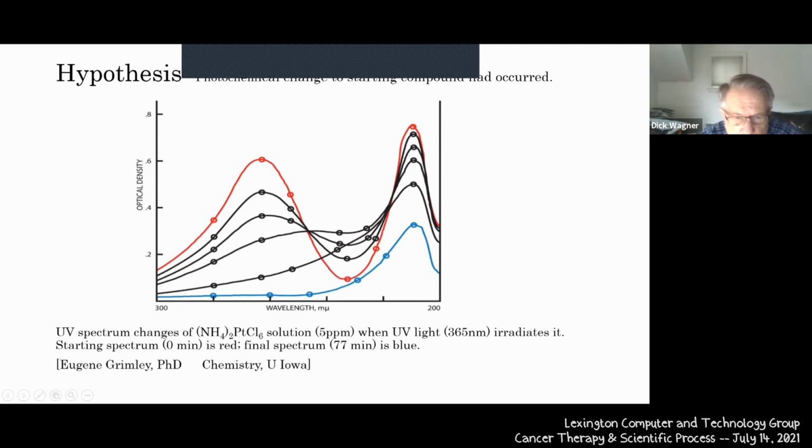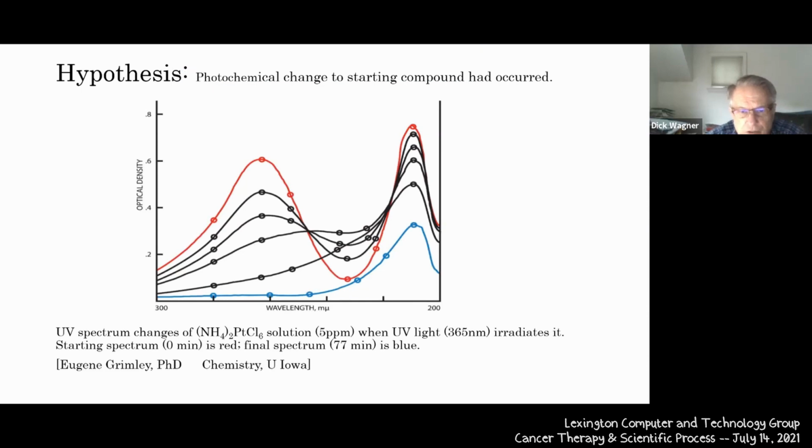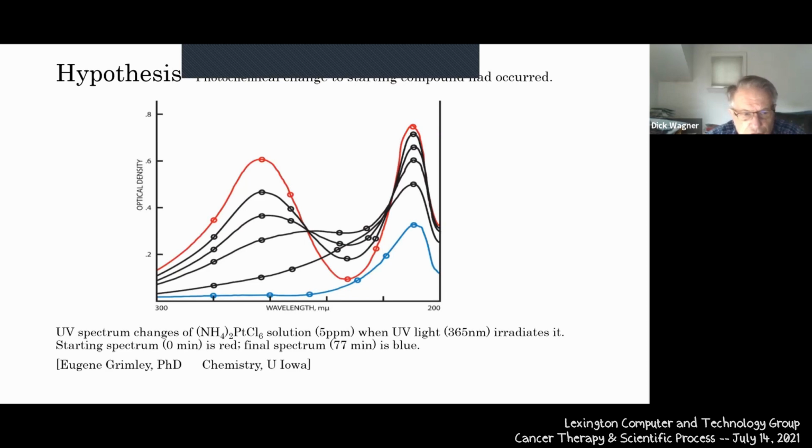And the way to interpret that is that you've actually got 3 substances that are being formed. So you've got a beginning. In other words, the diammonium platinum hexachloride gets converted to something else, and that also gets converted under the conditions of this irradiation to a third chemical.